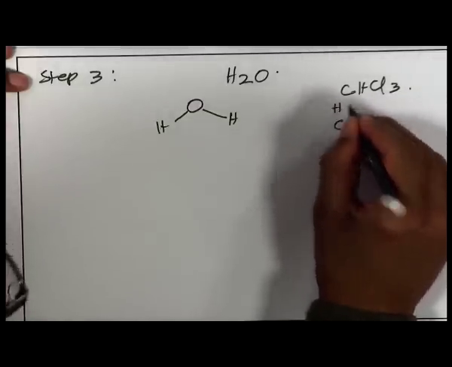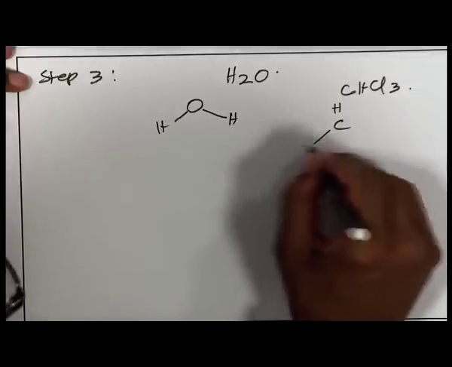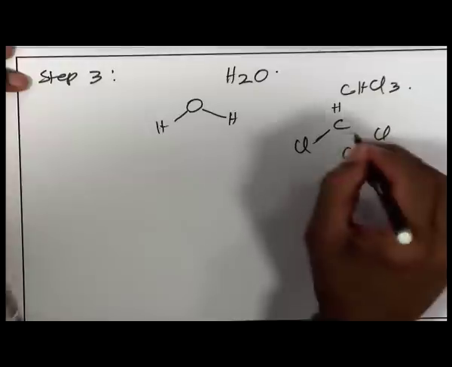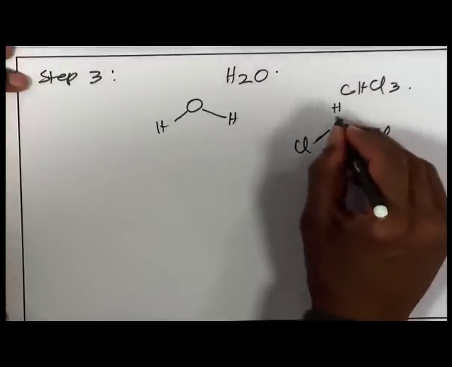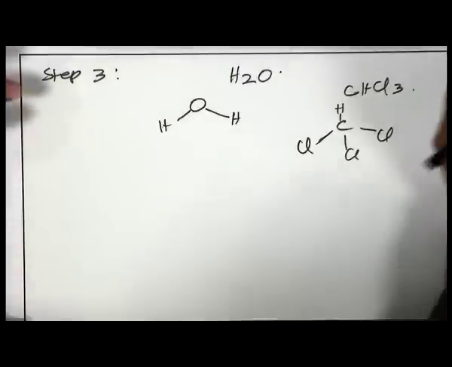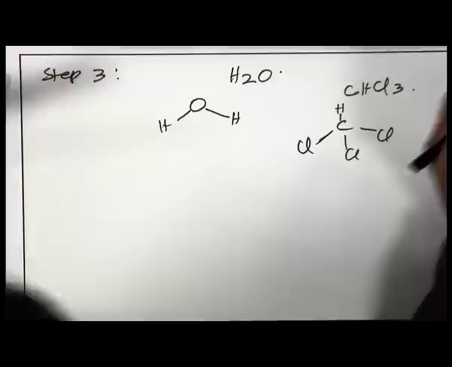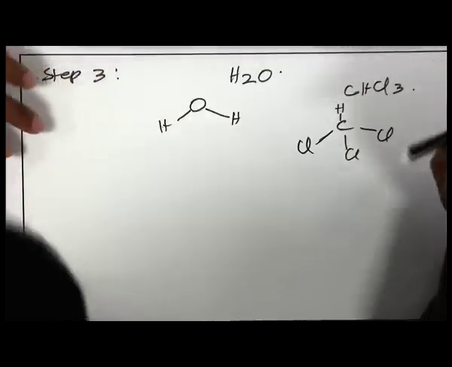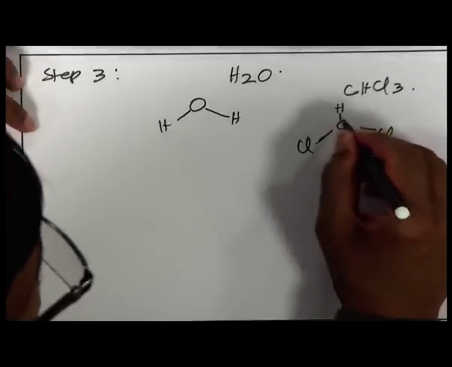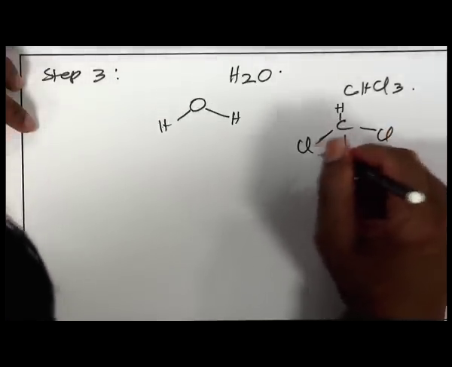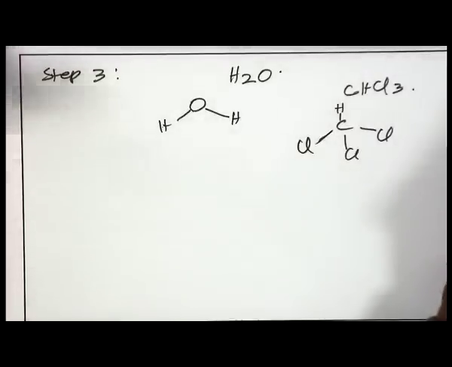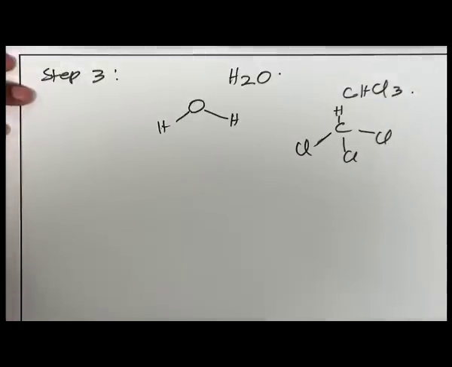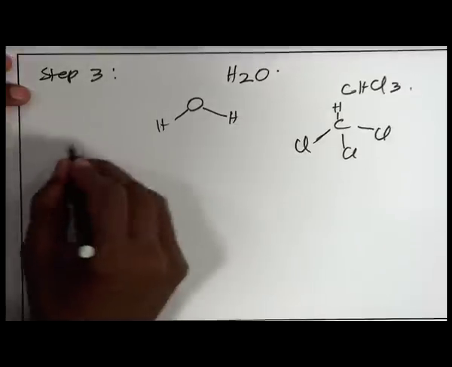You put the hydrogen here and 3 chlorine atoms around it, and then you draw a single bond between atoms, because at least one bond must be present between each pair of atoms. A single bond refers to 2 electrons. Then the next step is subtract.